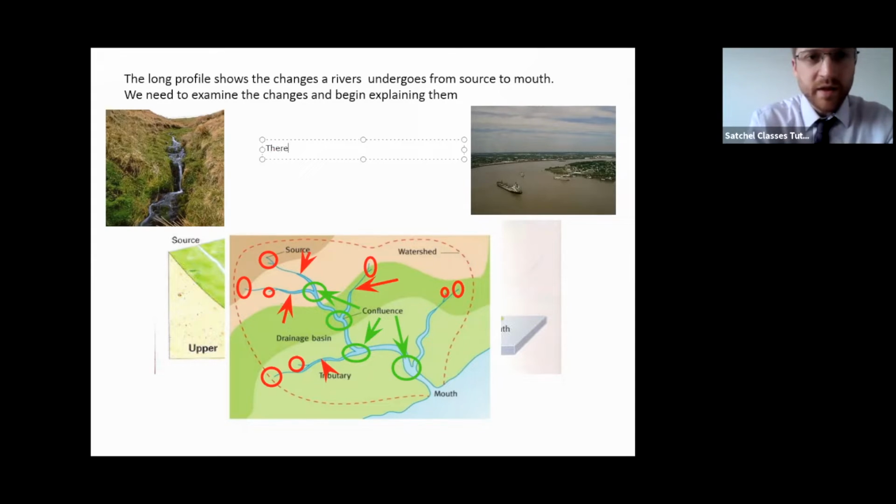So there are several sources to a river. As they meet, I'll put confluence next to it, the point where they meet. They add water volumes together.